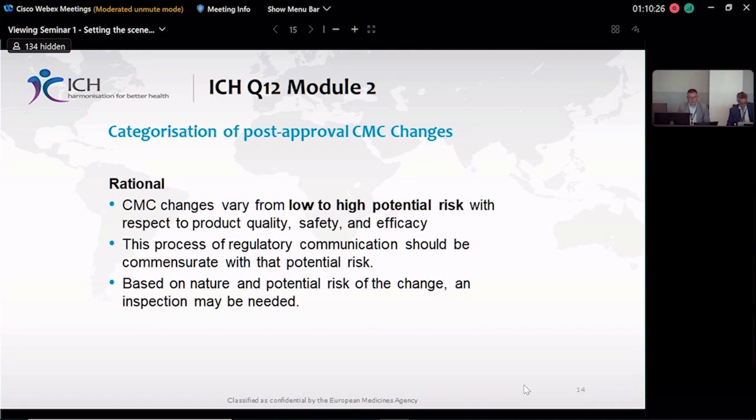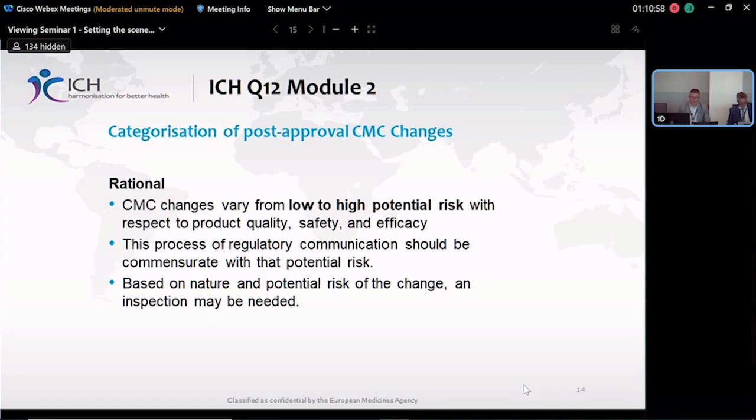In certain cases, an inspection may be needed, but that will be completely dependent on the risk that a change poses. So for example, the addition of a manufacturing site, a well-known manufacturing site based in an EU country, which has been subject to EU inspection, is certified to be GMP compliant. That may be, to add that manufacturing site to a license may represent a moderate risk to quality.